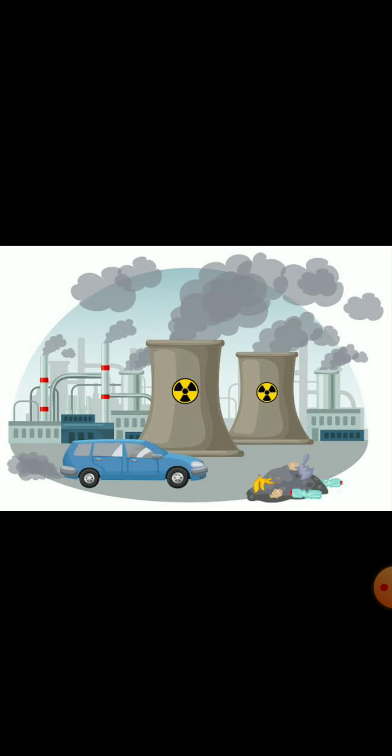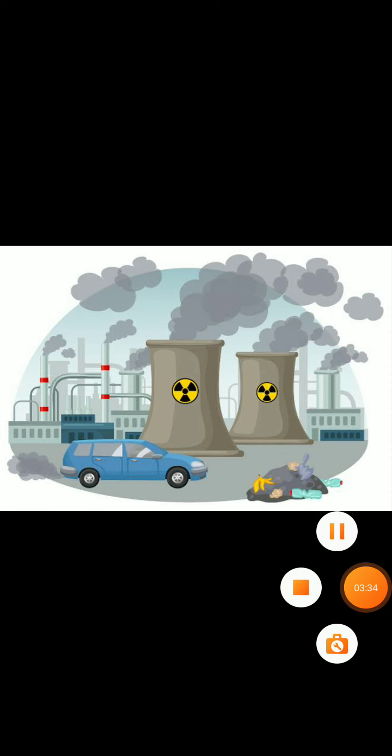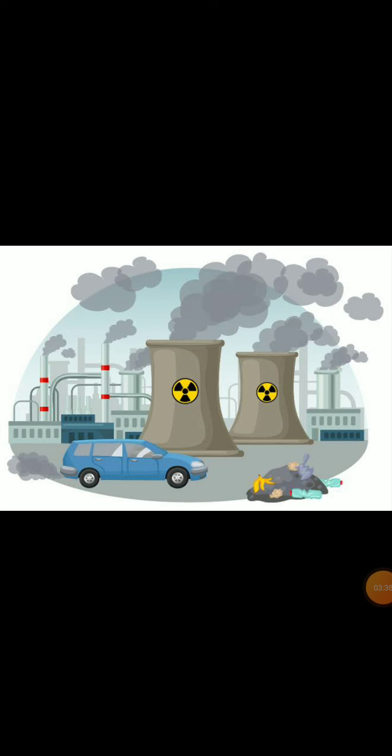We should not use these sources of energy so much that the benefits which we get from it will result into harmful effects on the environment. So it is our responsibility that we make limited use of it and get benefit from it.